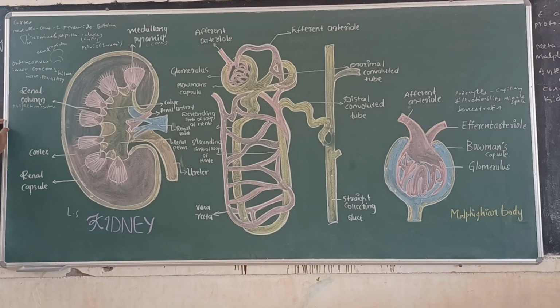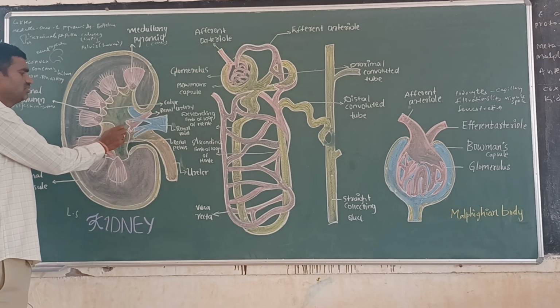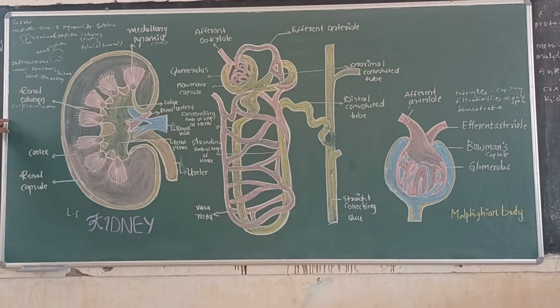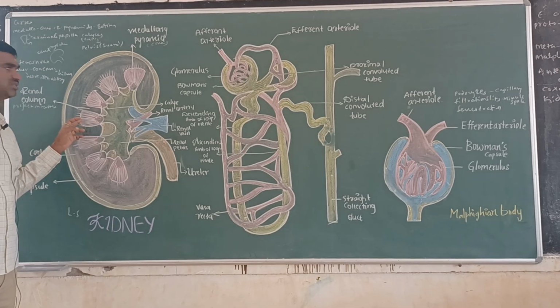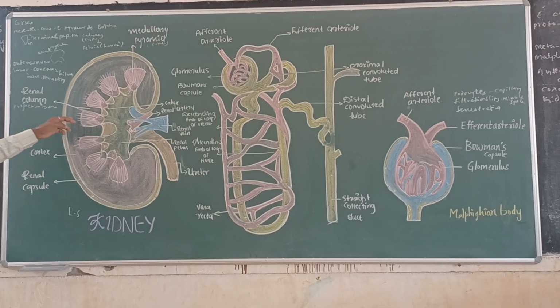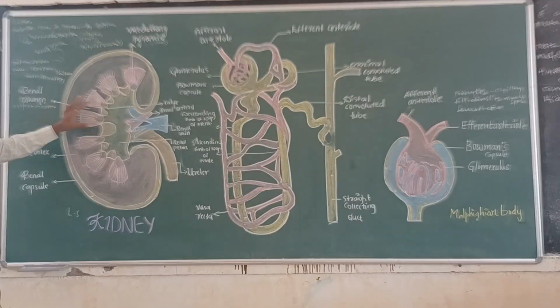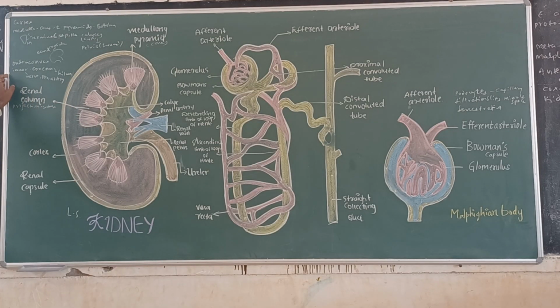The concave structure contains the hilum region. On the inner side of the concave structure, nerves are present and the renal arteries are extending.